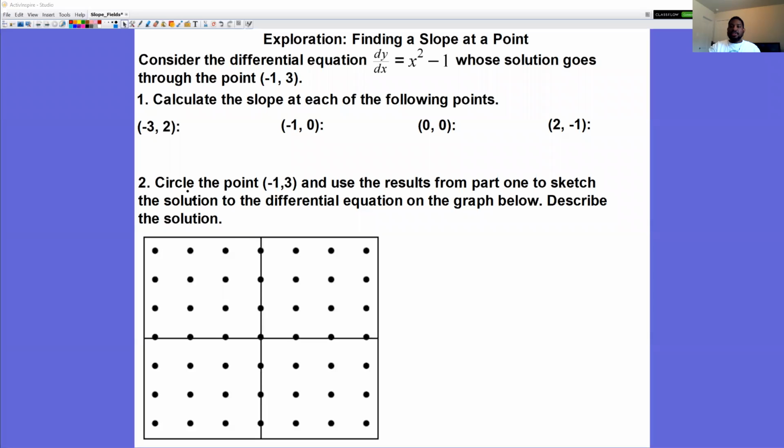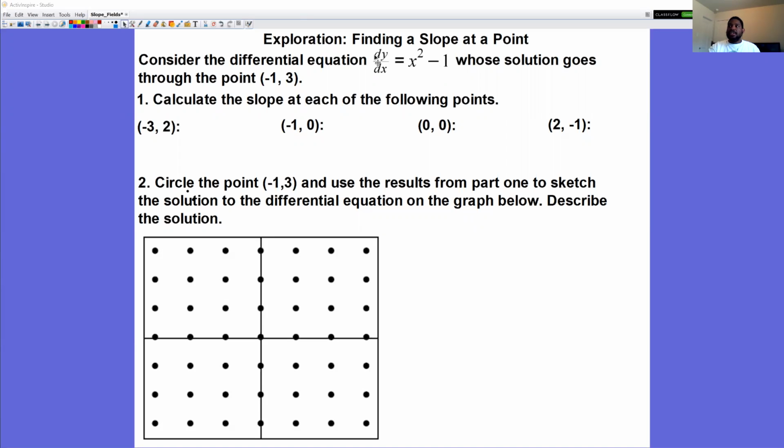As you see here on the screen, we have a differential equation, dy/dx equals x squared minus 1, whose solution goes through the point -1, 3. So the first part of the exploration is to calculate the slope at each of these points.